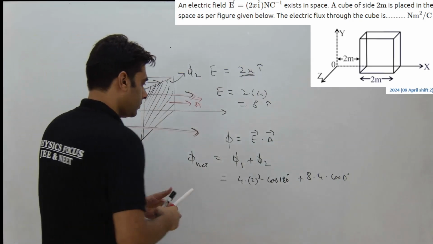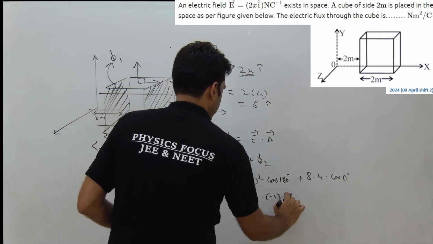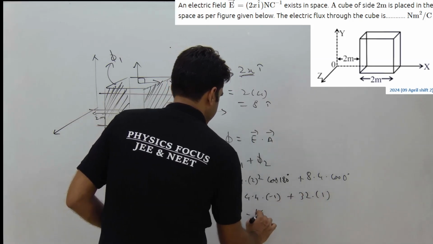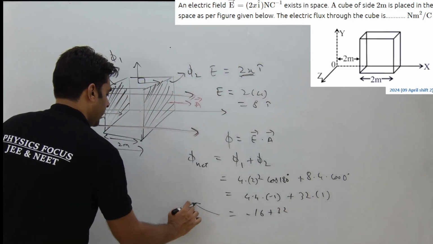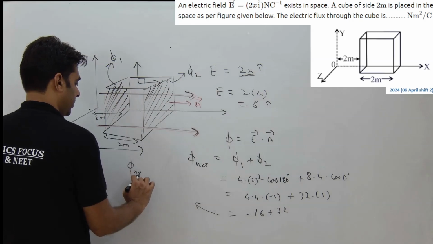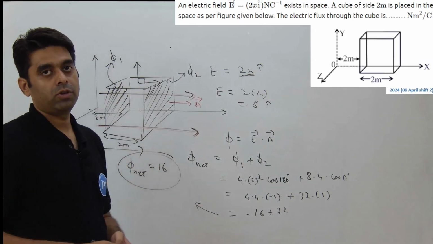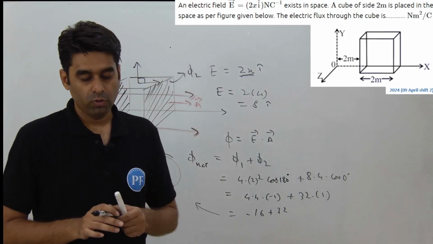Let's see how much we are getting. 4 into 4 cos 180, minus 1, plus 32 into 1. We get over here minus 16 plus 32. This comes out phi net is equal to 16. The net flux through the cube is 16. So our answer will be 16 for this, right? I hope this is okay.